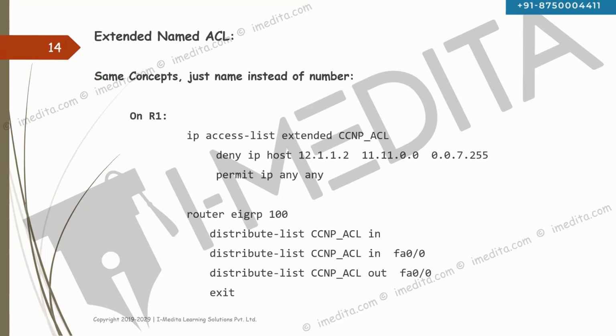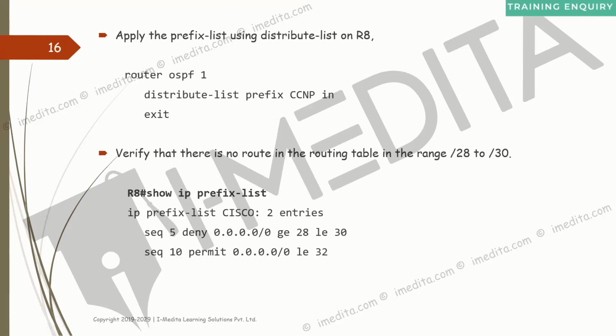This is for the thing that we are talking about. This is for filtering. Again, this is for filtering. This is not for path manipulation. This is just for filtering.